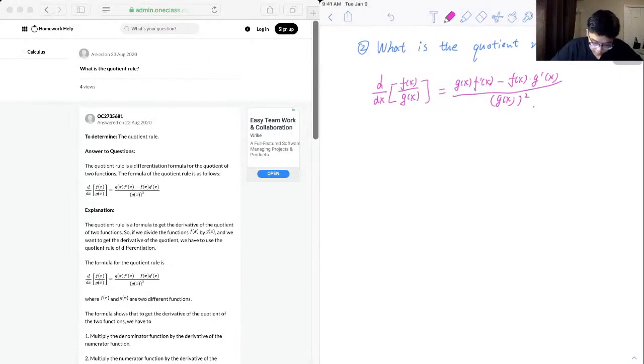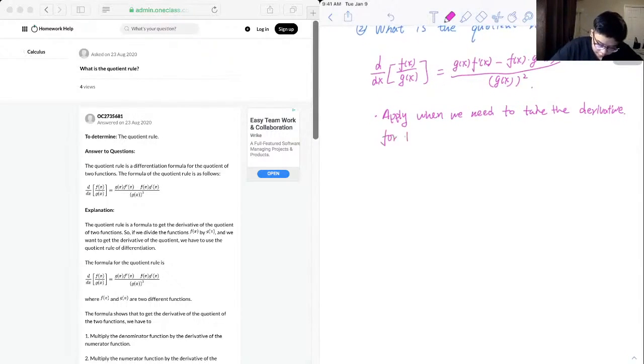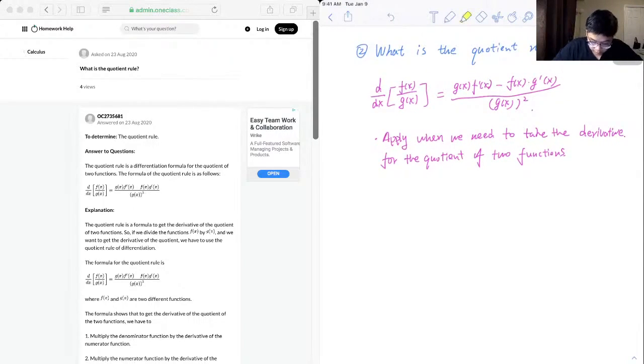And so the quotient rule applies when we need to take the derivative for the quotient of two functions. And that is our formula.